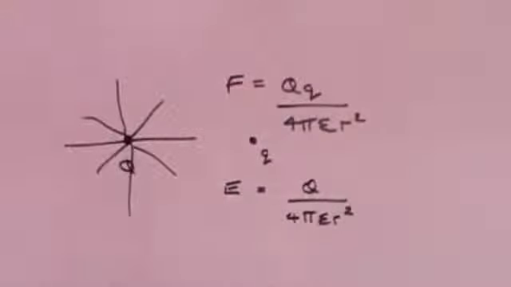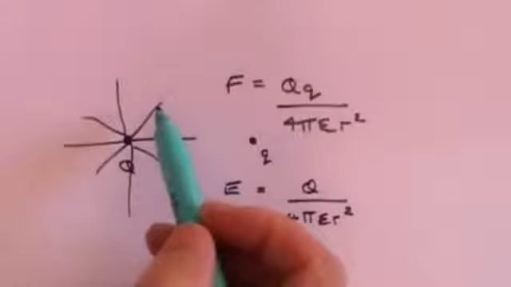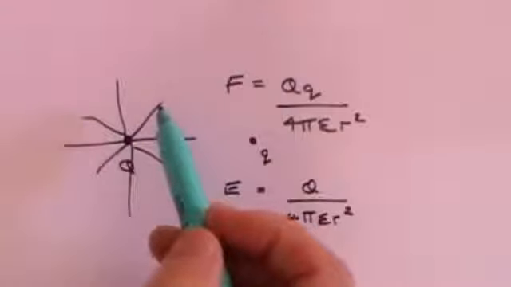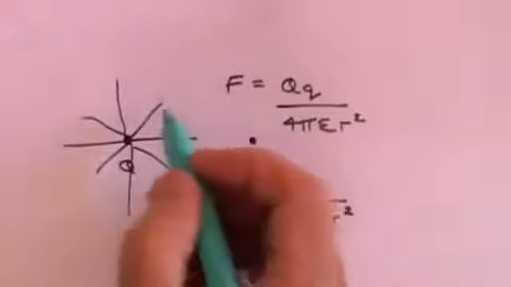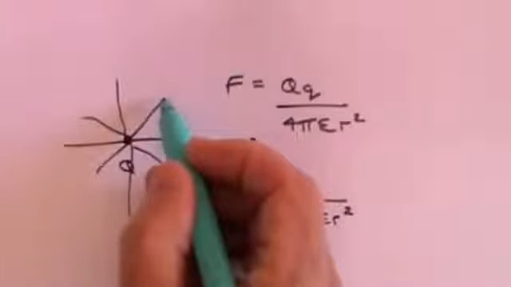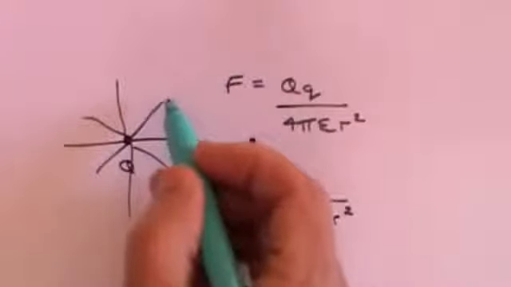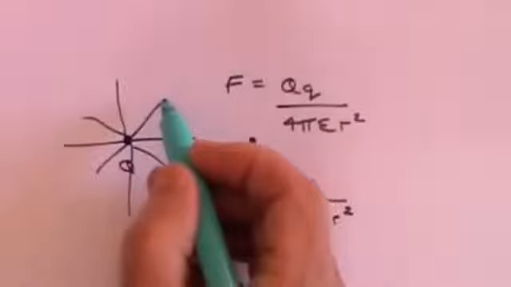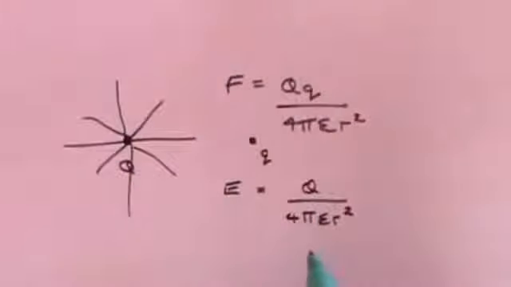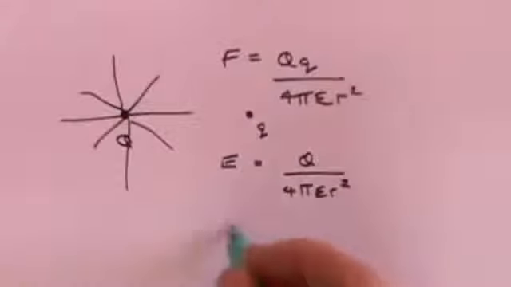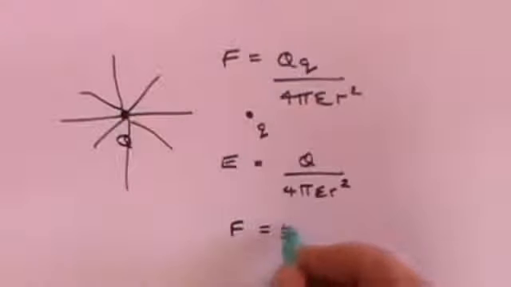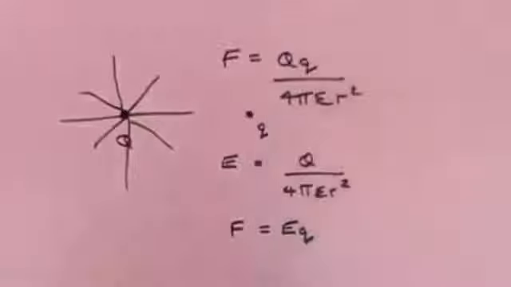Now, what is a field? What is the electric field? Well, it's the capability at any point to do something. In other words, it's the capability to exert a force on a charge if there were a charge there. So if you were to put a charge, say plus little q, at this point here, then you could work out what the force would be, because the force would simply be the electric field times q.